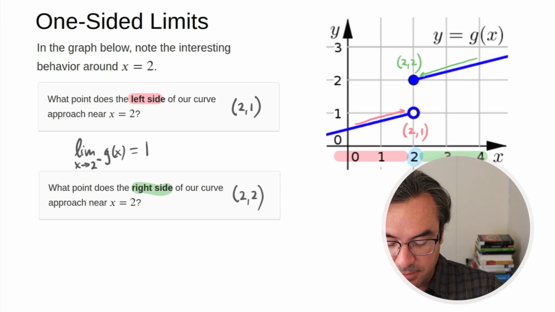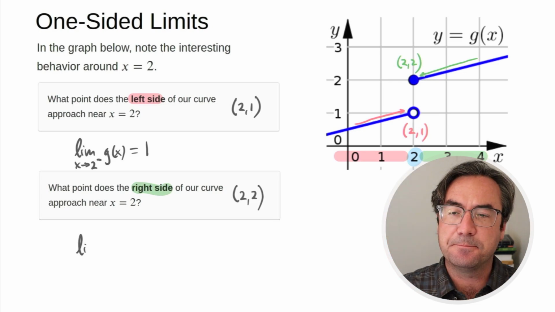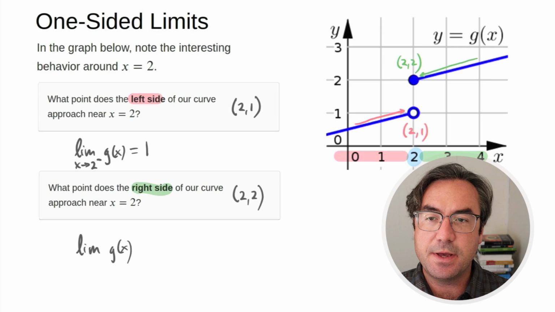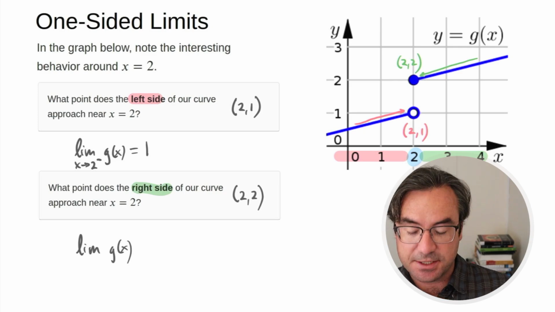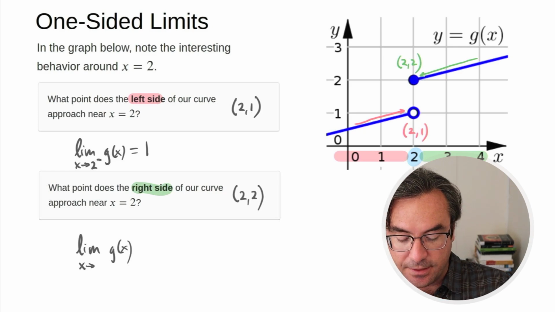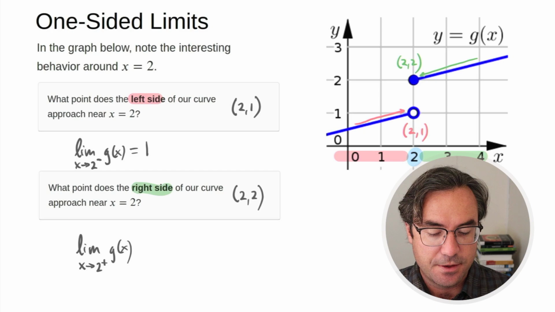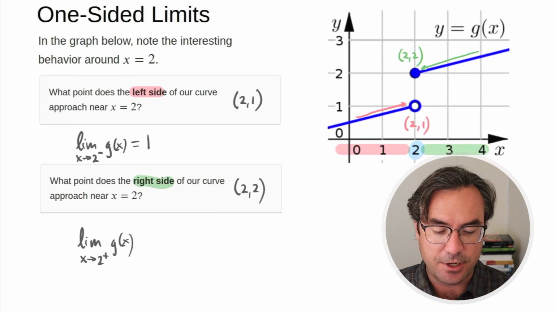And then same kind of deal for our right-hand limit. So we have LIM, limit, our function g of x, and for the right-hand limit, we're using values that are slightly bigger than 2, so they're added on a little bit extra.